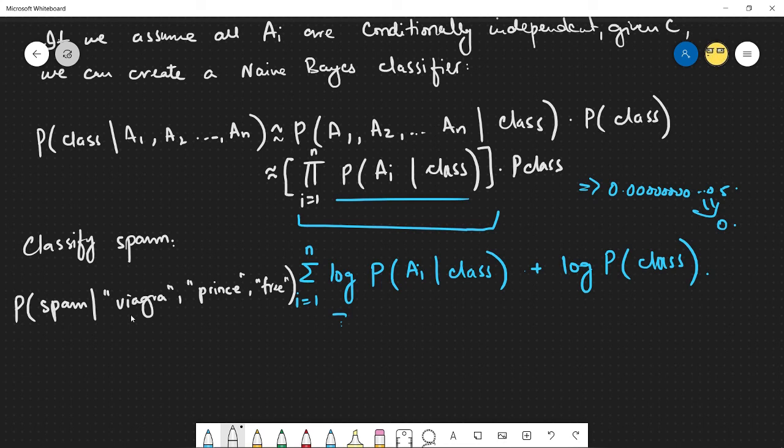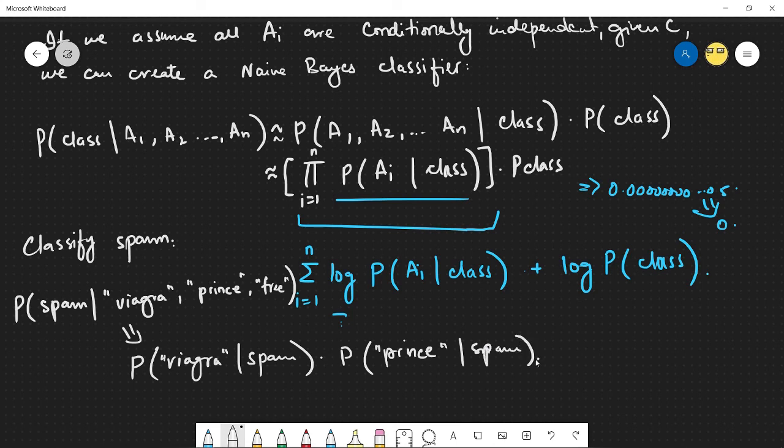So instead, you say, I'm going to assume conditional independence. I might have an email where I have both Viagra and Prince, and there might be emails where Viagra and free show up a lot, but why go into the depth of that correlation? Instead, use naive Bayes. The formula is going to be the probability that there was a keyword Viagra in the email given that it's spam, times the probability of Prince given spam, and so on and so forth.